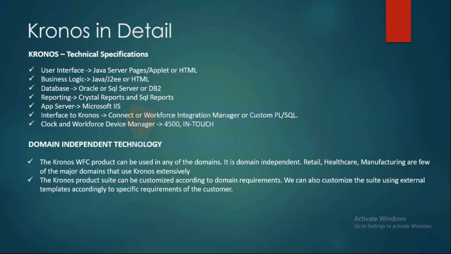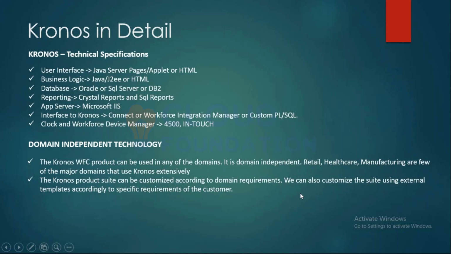So why Kronos is famous is it's a domain independent technology. It has its own product for each and every domain that's very dominating. It can be used in retail, healthcare, manufacturing, or any major domains. And this suite can be customized according to domain requirements.